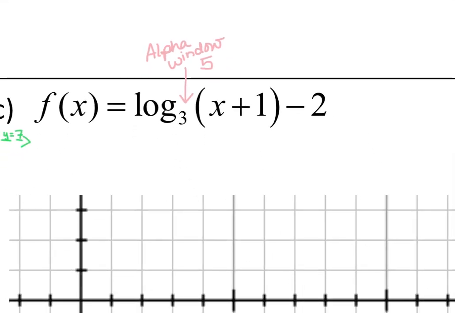Remember that when you type the x plus 1, you have to right arrow to get outside of the parentheses in order to type the -2. As I did before, I'm catching up with what I'm saying and typing. So now I'm going to do zoom 6 or just hit graph to look at the graph.